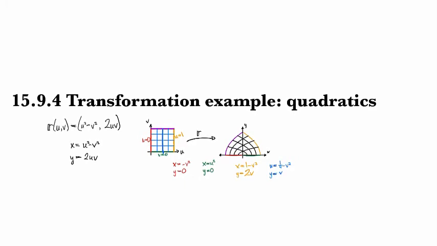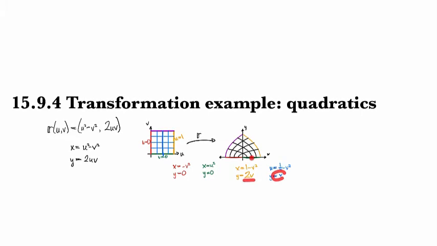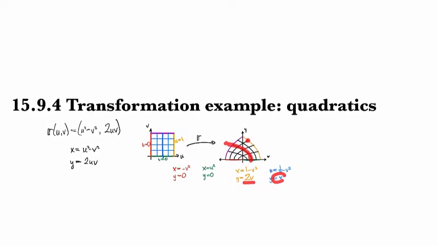You'll notice that the horizontal speed is the same, but now the vertical speed is half of what it was before. That's why this parabola here is kind of blunted. It's midway between this curve and here.